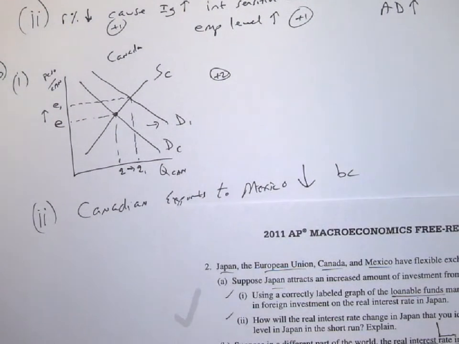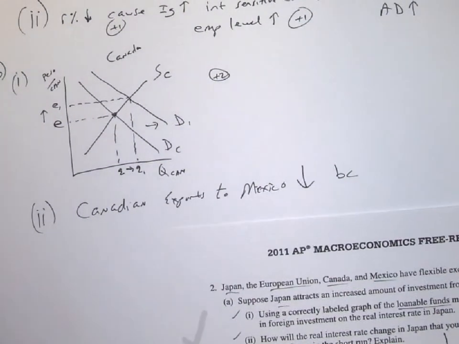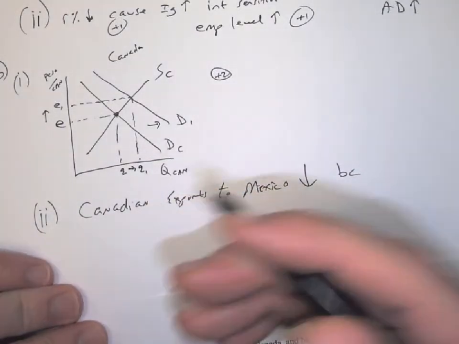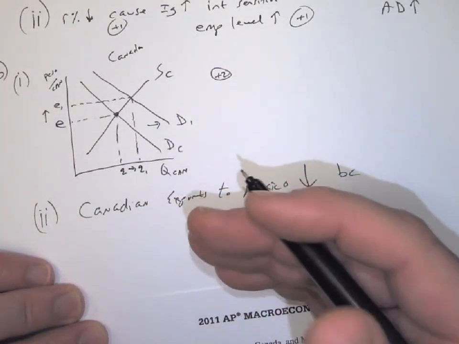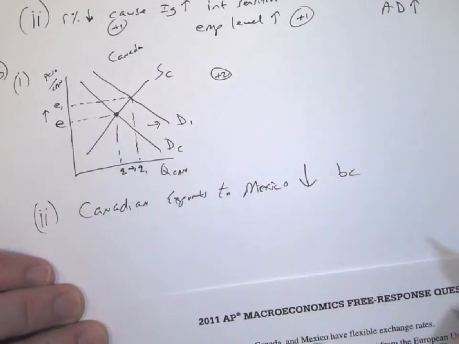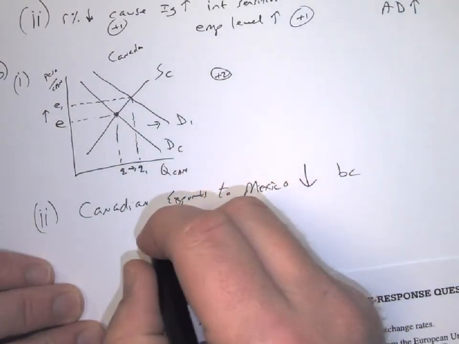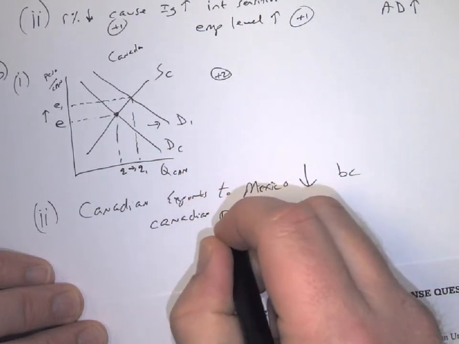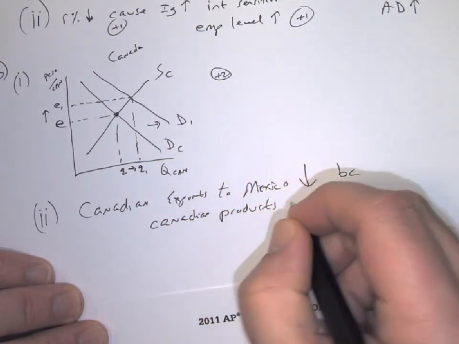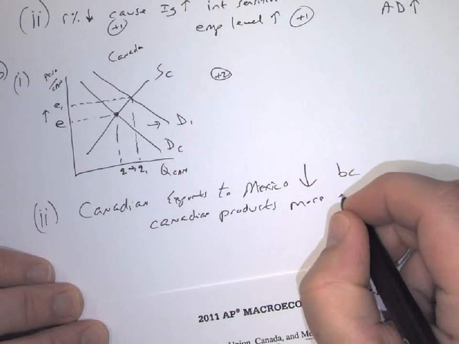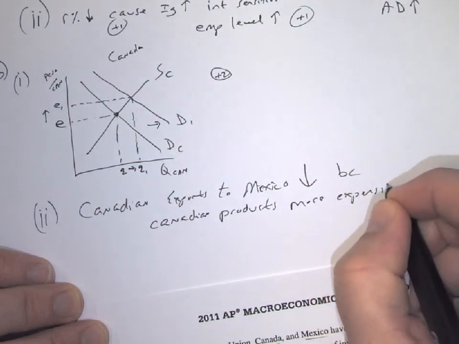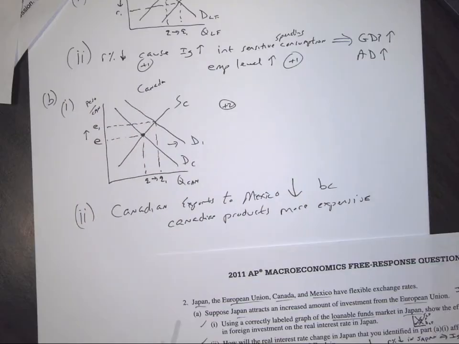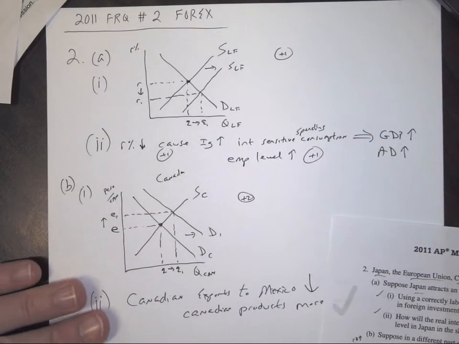Their stuff got stronger. Now that's going to make Canadian products more expensive to people in Mexico, because remember, when they trade their pesos, they're going to get fewer Canadian dollars because of the exchange rate difference right here. Because Canadian products are more expensive. And that is another example of how we work a foreign exchange FRQ.